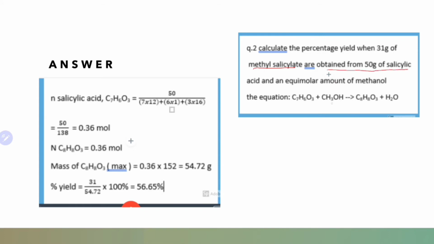This one is the formula of methanol. This one is the methyl salicylate obtained. Then this one is salicylic acid.